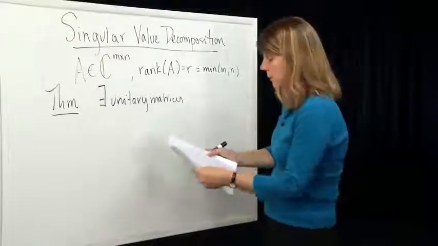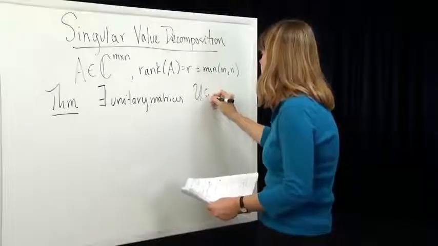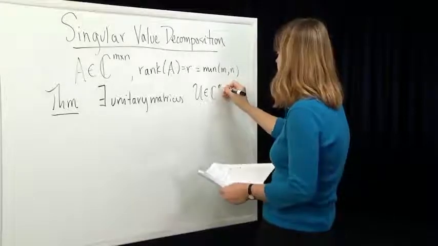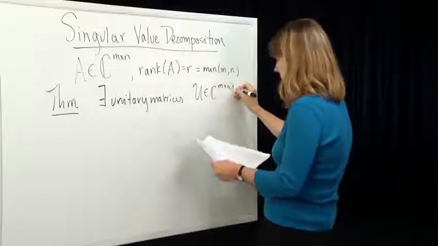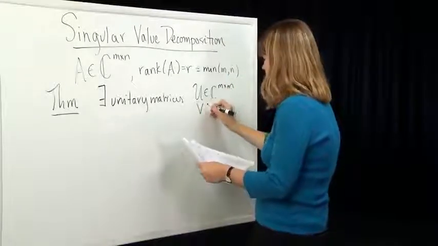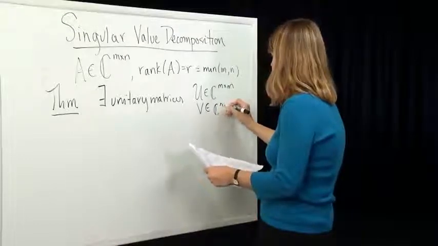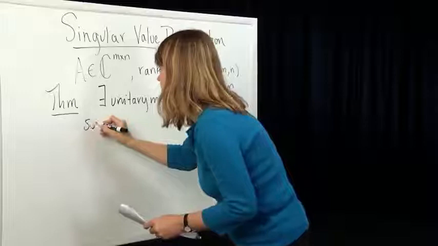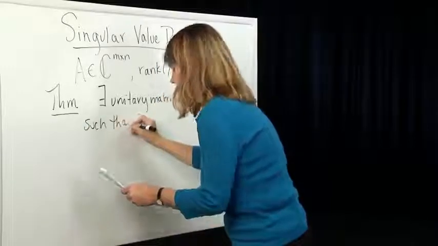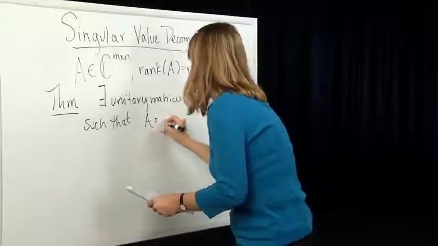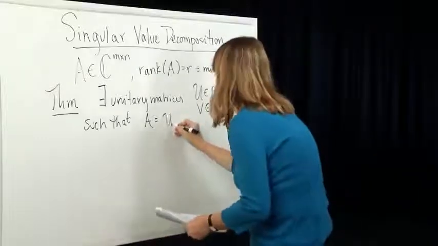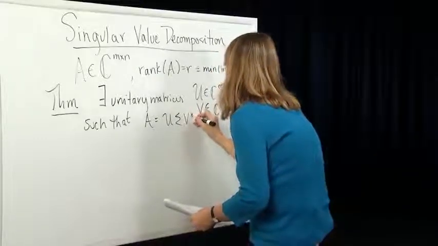So here, in singular value decomposition, we have a matrix U, which is an m by m dimensional matrix, and a matrix V, which is an n by n dimensional matrix, such that A can be decomposed into the product of three matrices, U, sigma, V star.